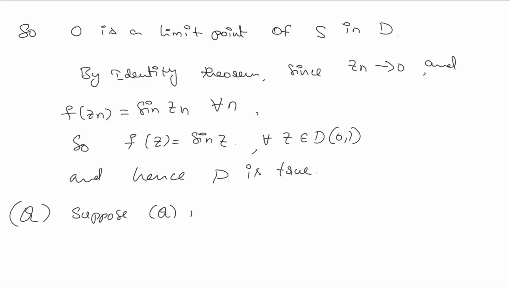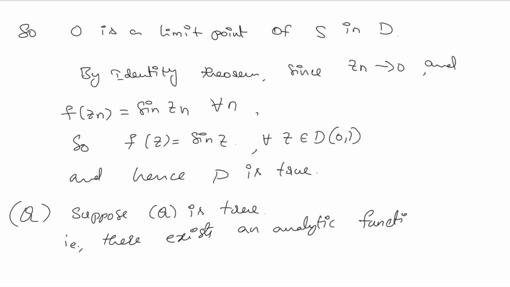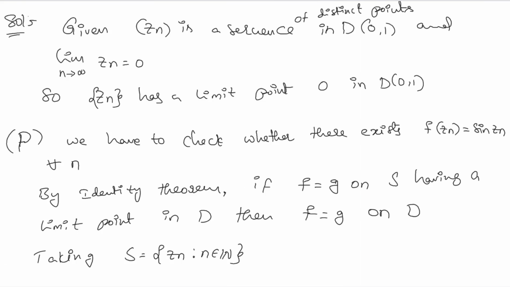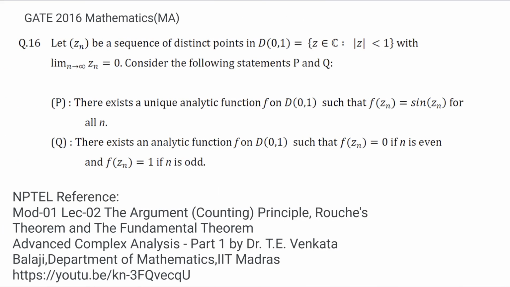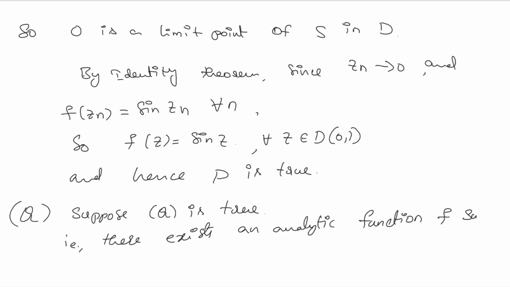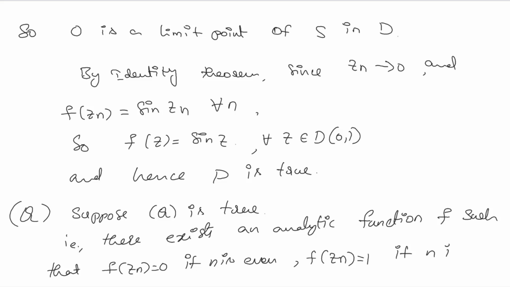Suppose statement Q is true, that is, there exists an analytic function f such that f(Zn) = 0 if n is even, and f(Zn) = 1 if n is odd.